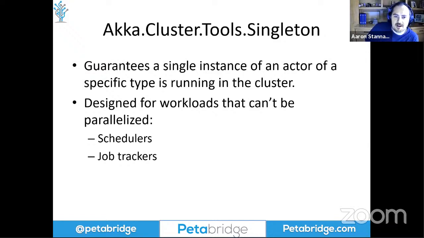Now, next, Akka.Cluster Tools Singleton. This is probably the most interesting of all the different workload distribution tools because it's basically a way of guaranteeing there is at most a single copy of an actor inside a cluster at any given time. And this is really useful for different types of workloads that can't be parallelized. So schedulers and job trackers are good examples of this.